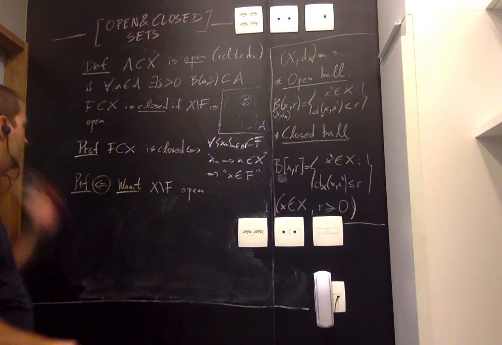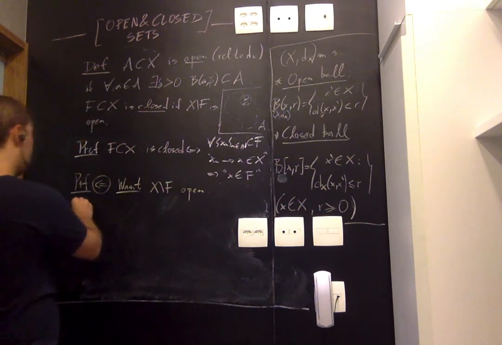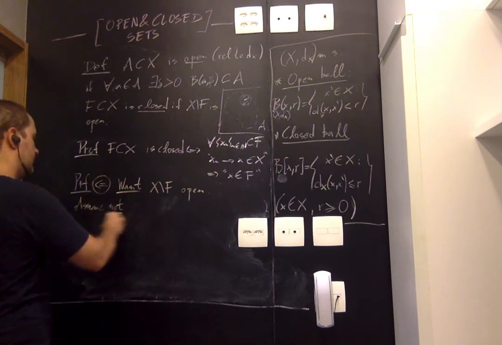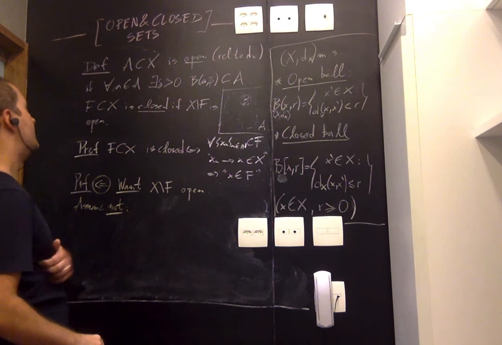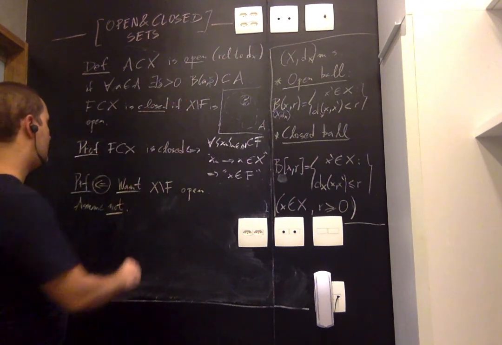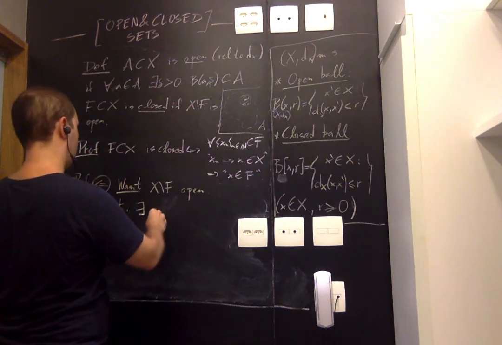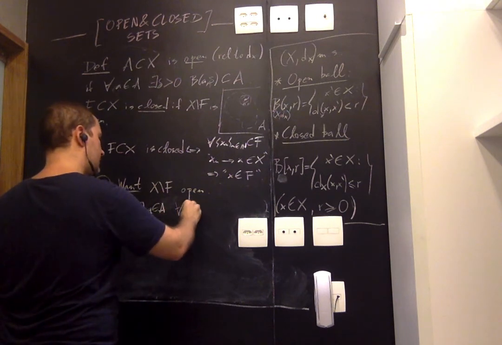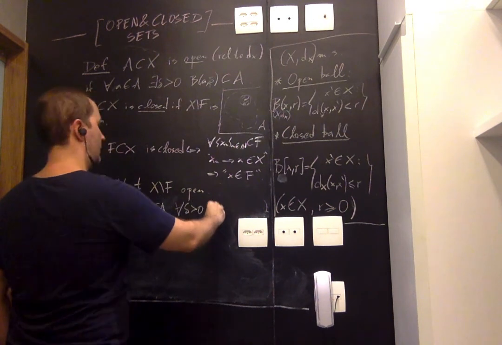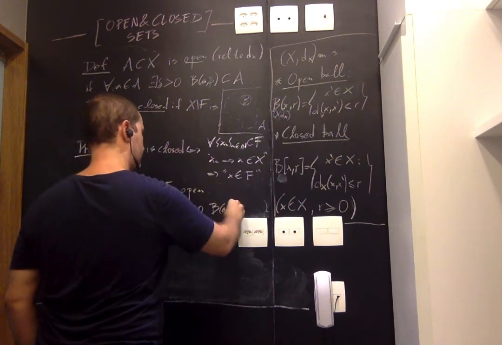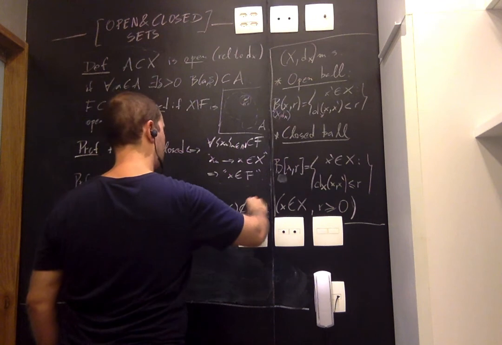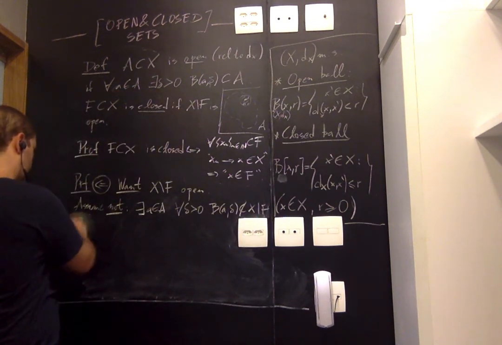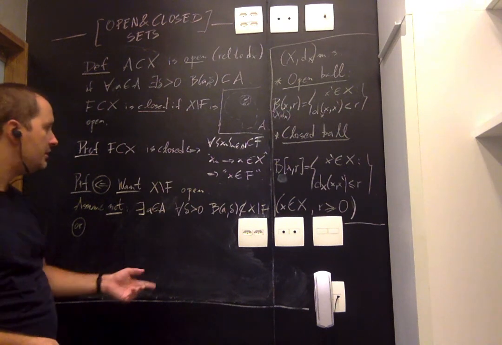Okay, so we're going to prove it by contradiction, so assume not. What does that mean? It means the negation of this statement. It means that there exists an A such that for any delta that I take, the ball is not contained in the complement of f.